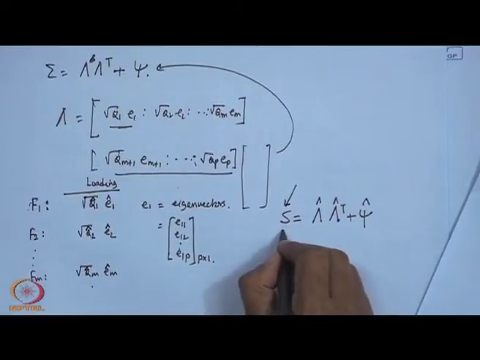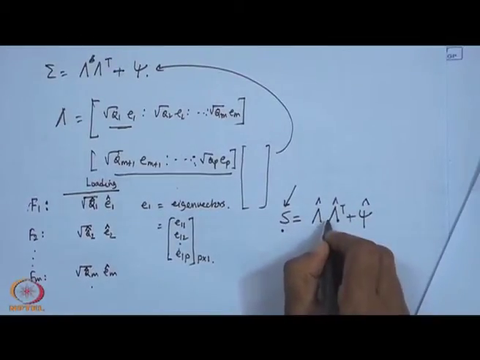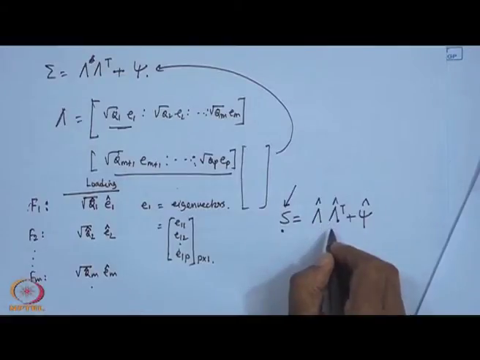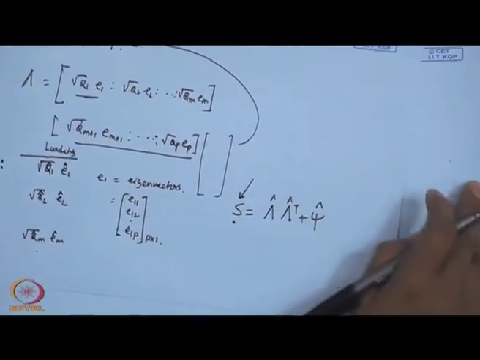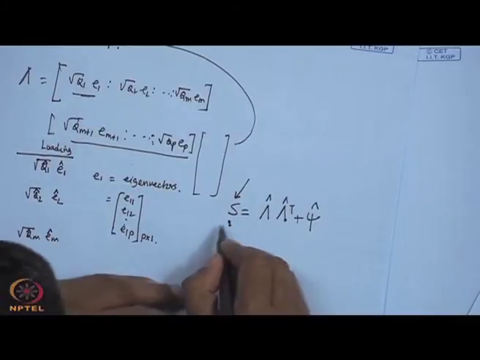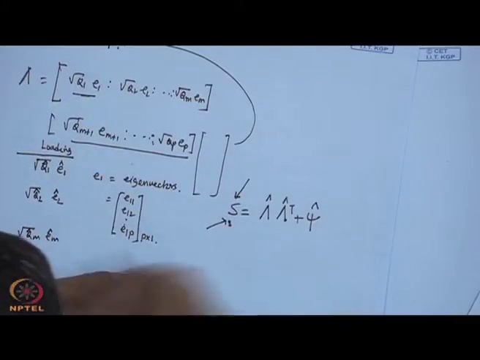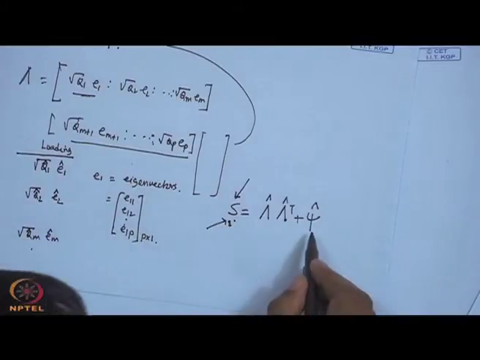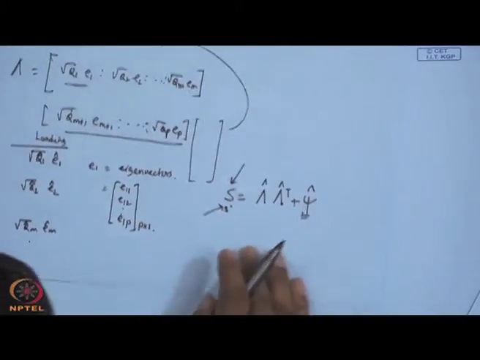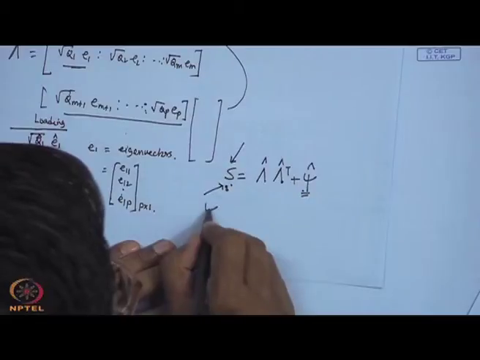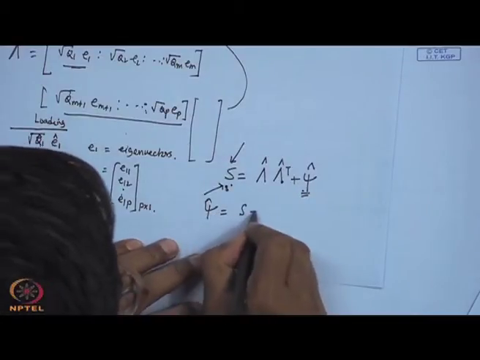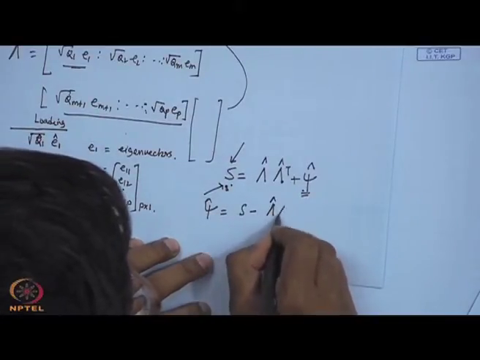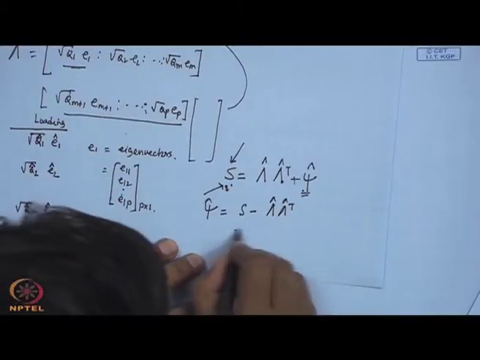So using S, you will estimate this Lambda, and that is through spectral decomposition of the S matrix. Then how do we get Psi? Psi you will get equal to S minus Lambda cap Lambda cap transpose.